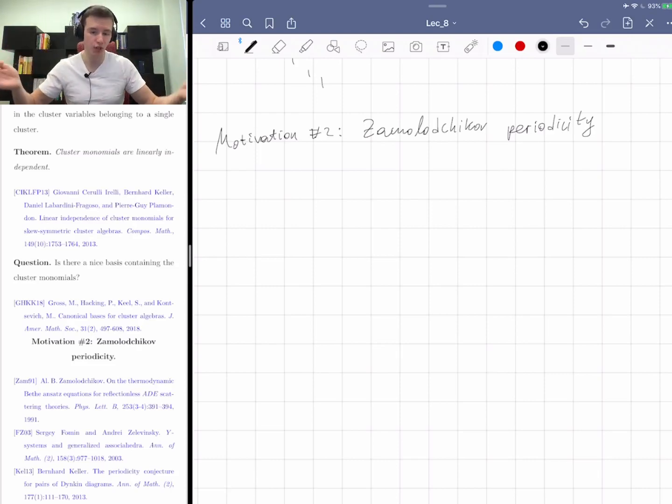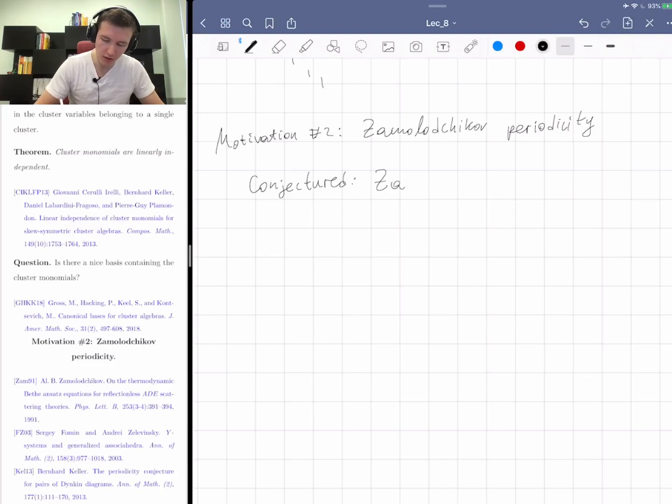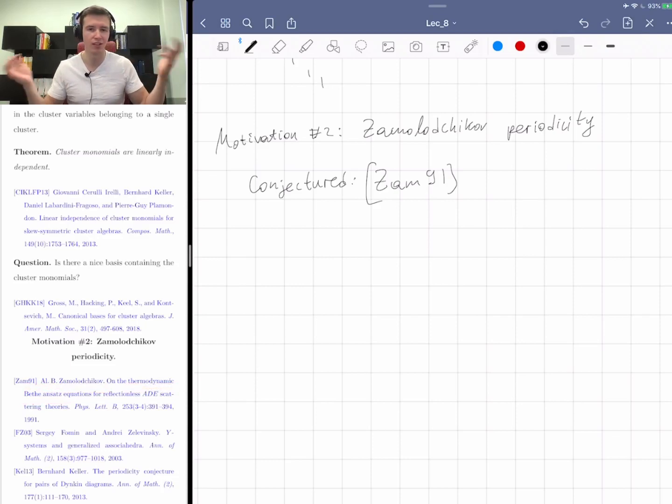It was a conjecture, conjectured by, let me write Zam 91, by this physicist in 91 in relation to some thermodynamic Bethe ansatz. Some kind of dynamical system was periodic.